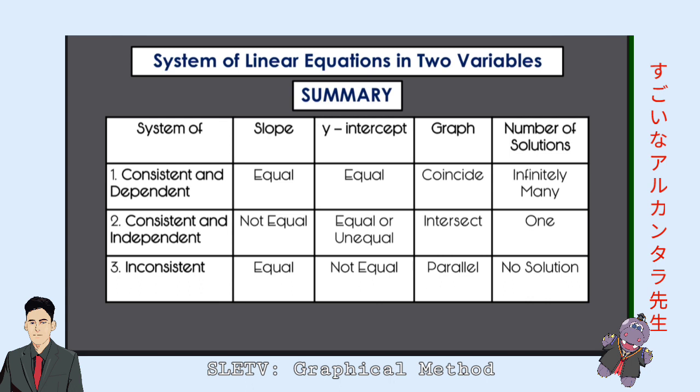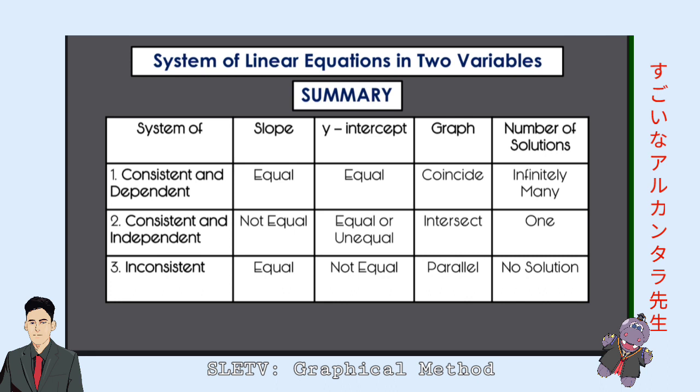While if we have consistent and independent, this means that the slopes are not equal, the y-intercept could be equal or unequal, and the graph will intersect, resulting to one solution. While for inconsistent, we have the slope as equal, but the y-intercepts as not equal, resulting to a parallel graph, giving us no solution. So that's how it works.